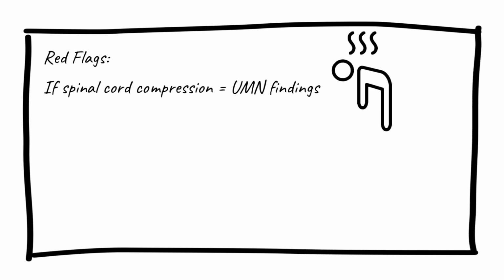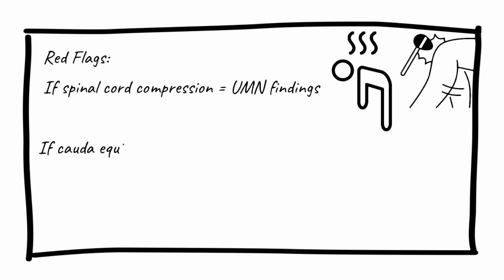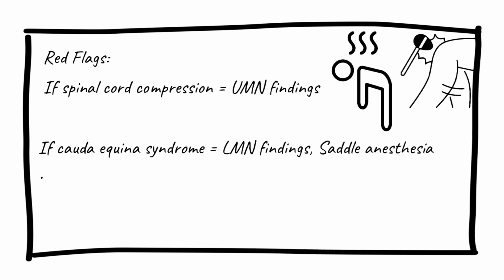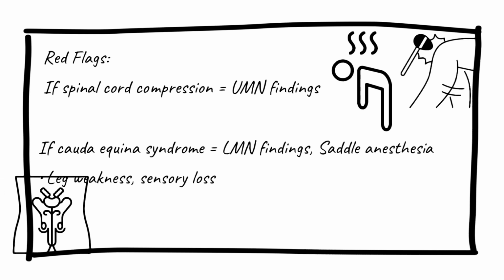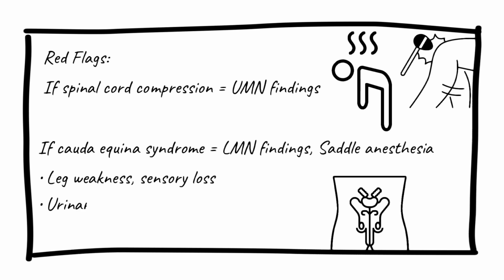Red flags if there is spinal cord compression include upper motor neuron findings, such as increased muscle tone and increased deep tendon reflexes. If there is cauda equina, we will have lower motor neuron findings, such as decreased muscle tone and decreased deep tendon reflexes. We will also have subtle anesthesia, leg weakness, sensory loss, urinary retention, and bowel incontinence.